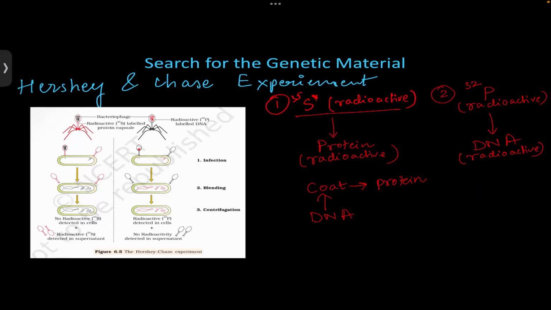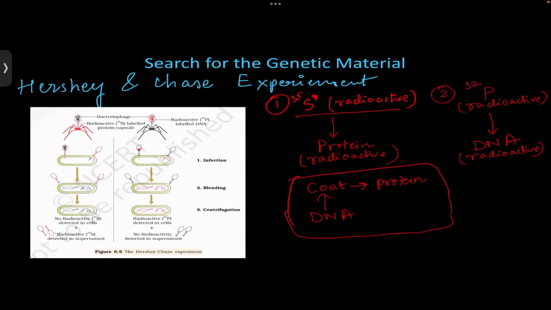We had not yet proven what the genetic material is, but now we know it is DNA. So from the modern view, I'm explaining the structure of the virus: DNA is the genetic material and it is present inside the protein coat of the virus. That is how the bacteriophage looks.